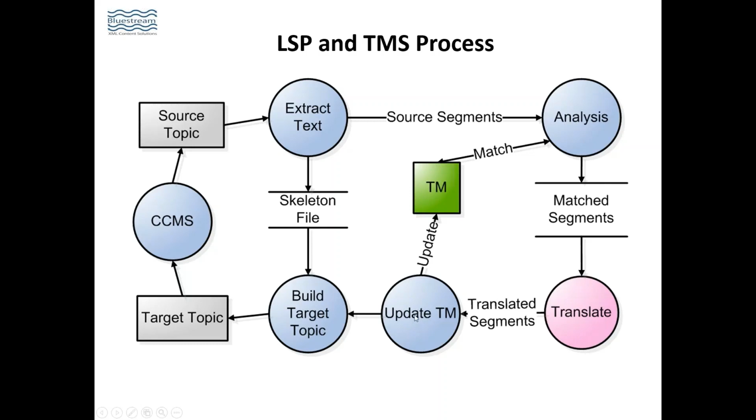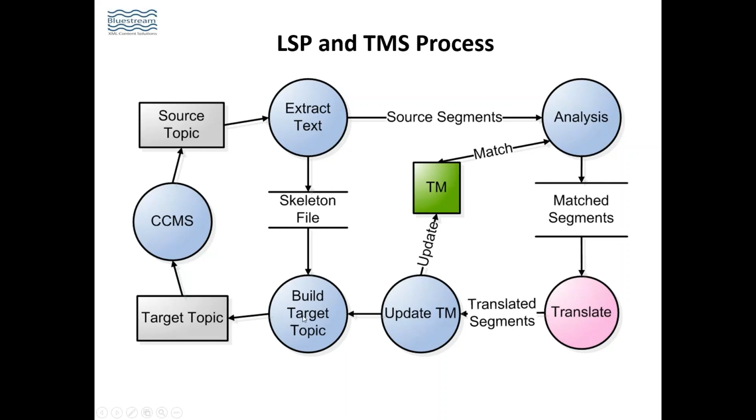Then once that's done, the actual content, the segment translations, go back here to build target topic. It says, oh, I got that skeleton file, and there's a correspondence between every segment and the skeleton file, like fill in the blanks again, please. It builds the topic in French, let's say.